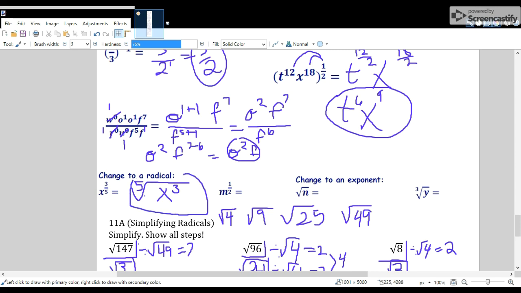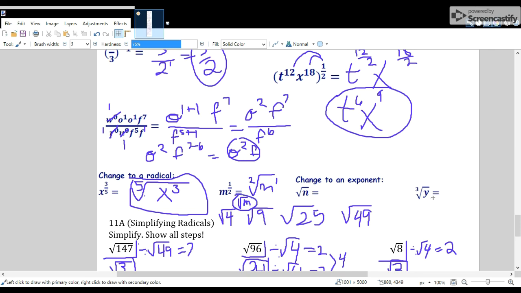That's changing it to a radical. m to the 1/2, that's 2 as the index and m to the 1st power, which you could just write as the square root of m.